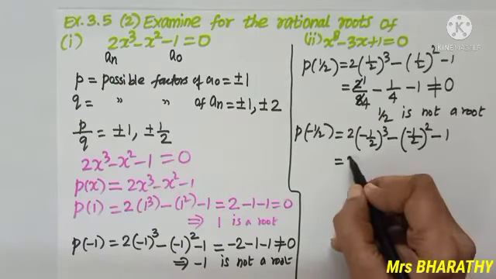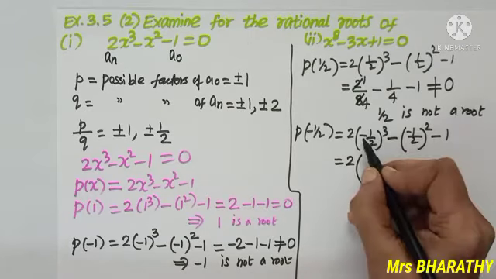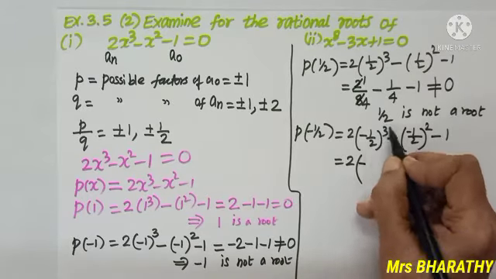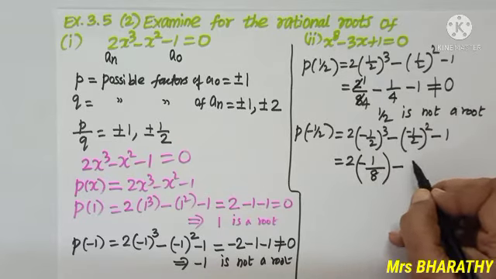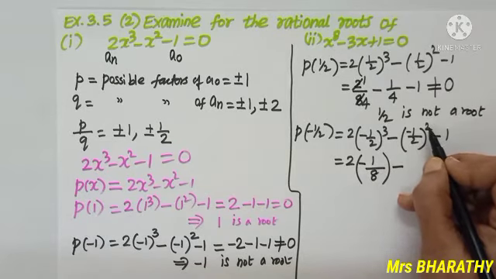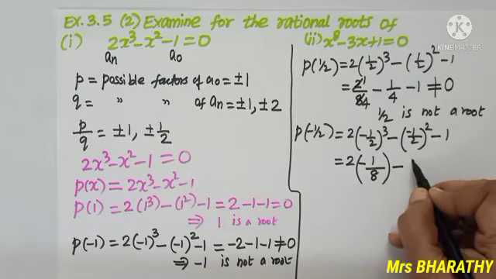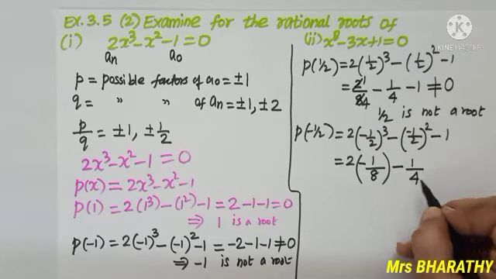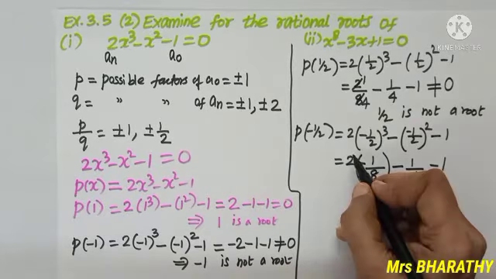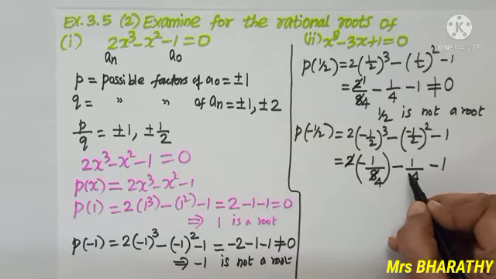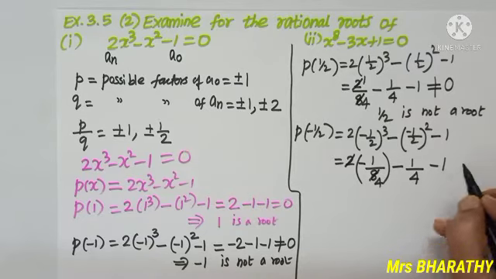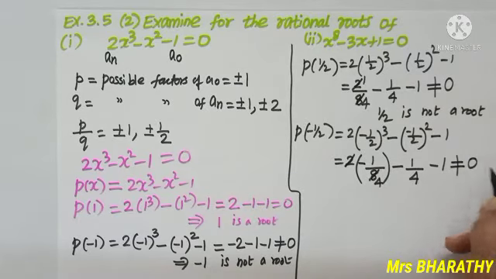As I simplify, 2 into minus cube is minus, 1 cube is 1, 2 cube is again 8. Minus square is plus, so minus 1 square is 1, 2 square is 4. Minus 1. If I cancel, it is minus 1 by 4, minus 1 by 4, minus 1. Again, my answer is not 0.